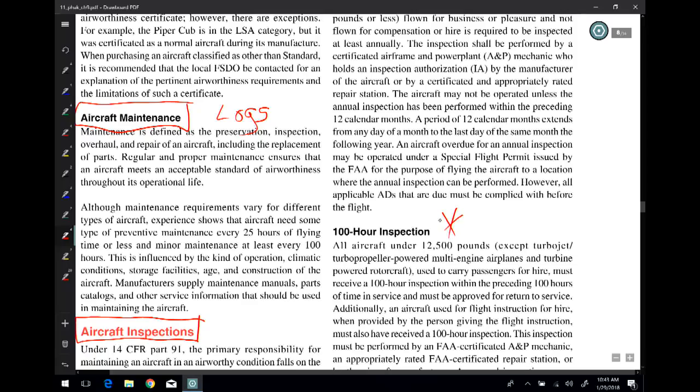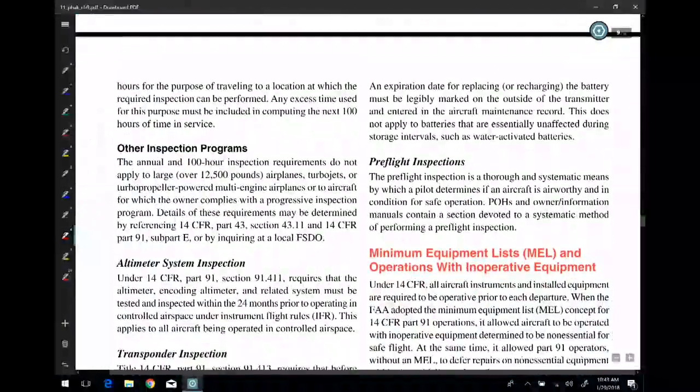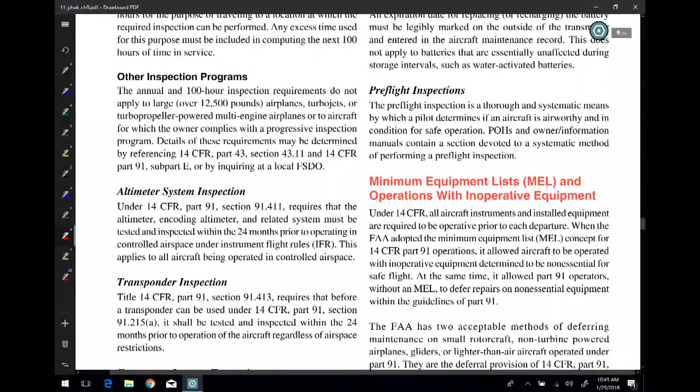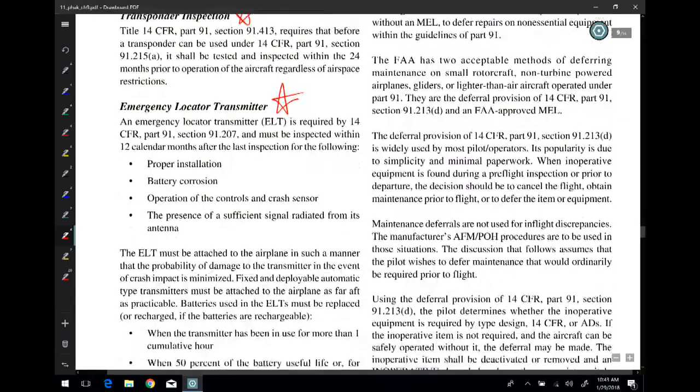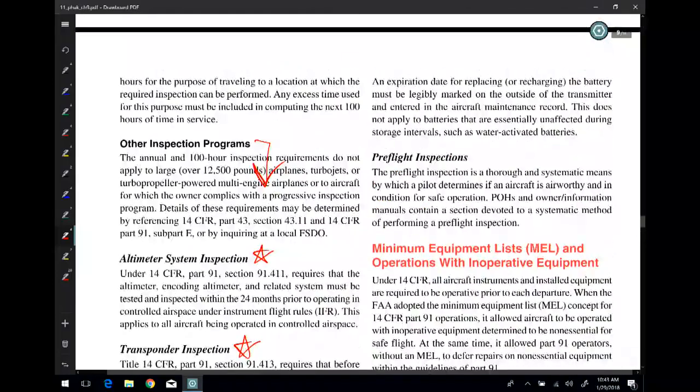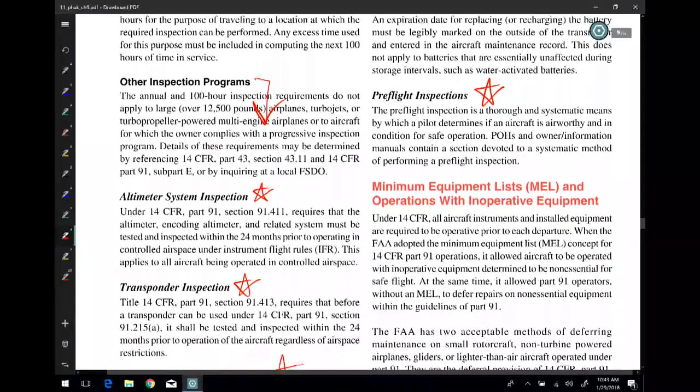We have this kind of an inspection. Here's some other inspections. Here, here, here, here. Okay, so there it is, under kind of the subheadings.